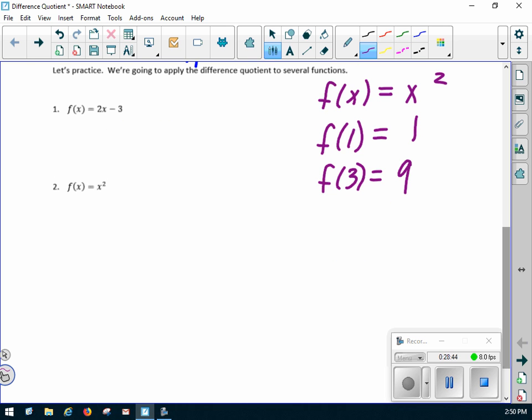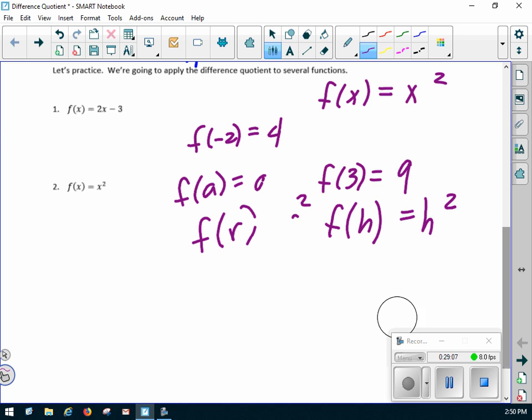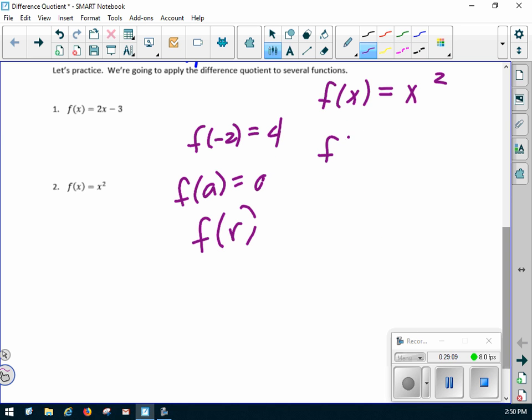What's f of negative 2? 4. What's f of a? A squared. What's f of r? R squared. What's f of h? What's f of x plus h?